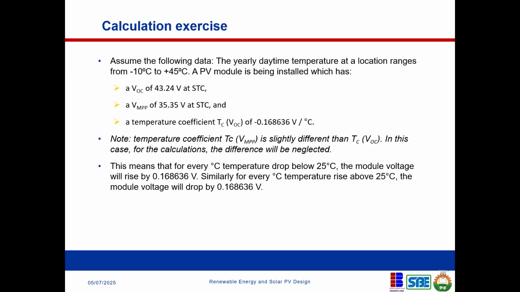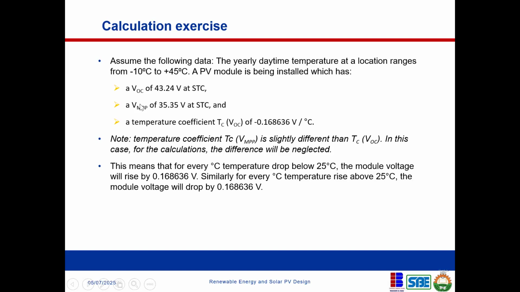So a PV module is being installed, which has the following. At standard test conditions, the open circuit voltage is 43.24 volts. Open circuit voltage means that current is 0, right?